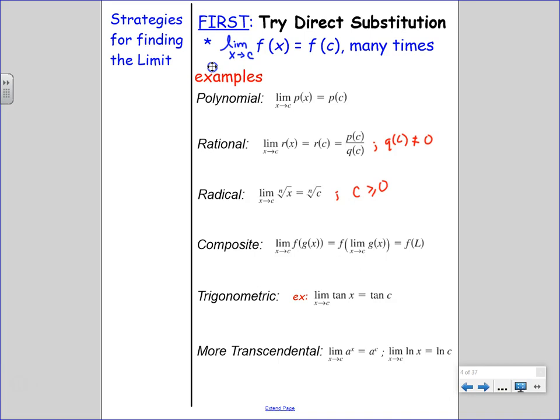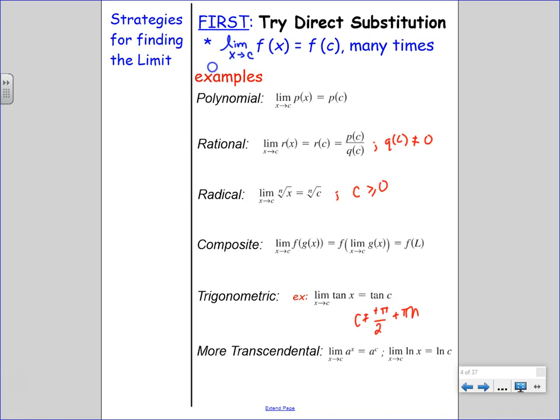Composite, you can always plug in, take the limit of the inner, and then plug into the outer. That makes things a little bit easier from time to time. Trigonometric, it always works as long as it is not one of the vertical asymptotes. I guess I didn't have to do plus or minus, because plus pi n could go positive or negative.